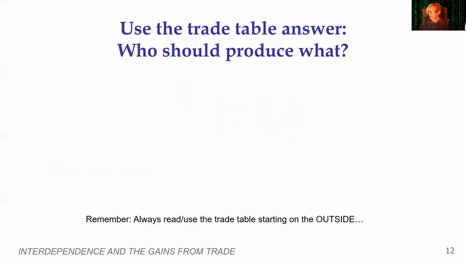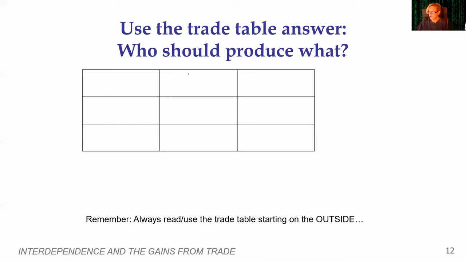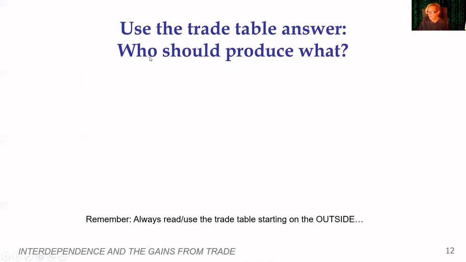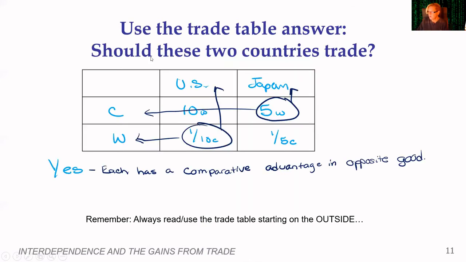Okay. Who should produce what? Okay. So who should produce which product? Well, we can look at the previous slide here, and that's what I'm just going to go back to. So who should produce what? Okay, well, each country should produce what they have a comparative advantage in.